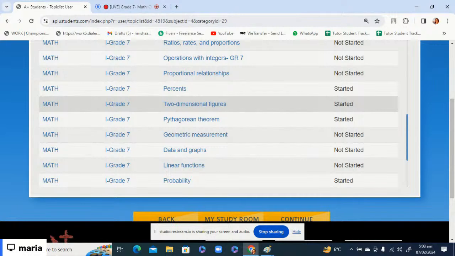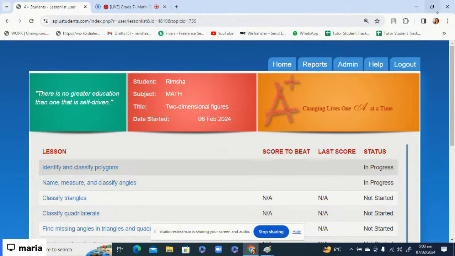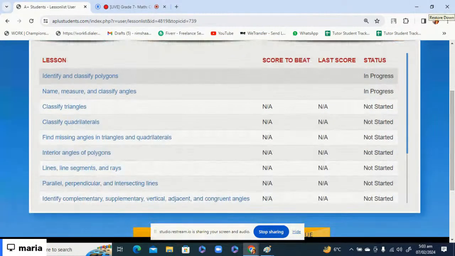All right, this is the first lesson, which is identify and classify the polygons.